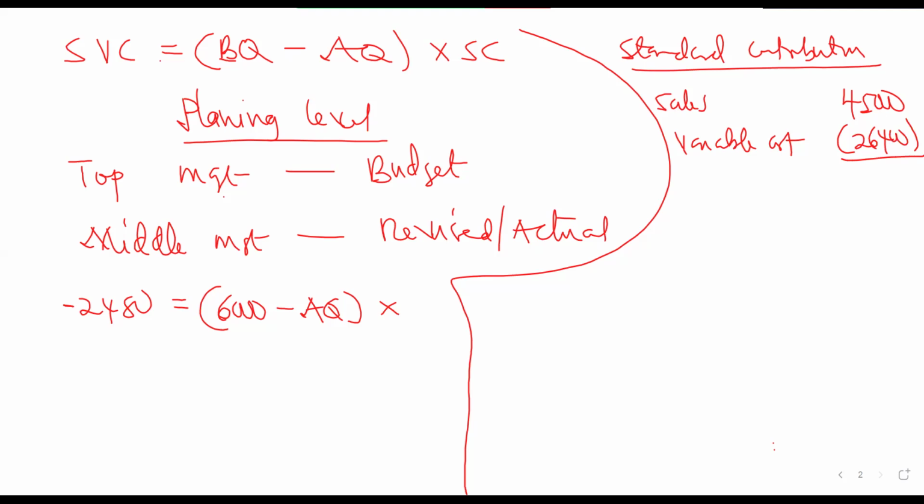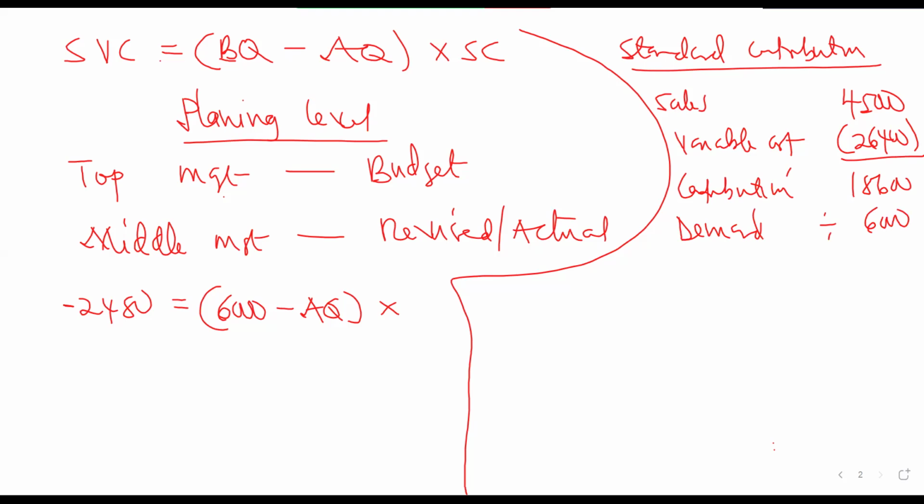What will be our contribution? 18,600. The 18,600 is what we call the budget. Whenever you are working at the total level, it is always the budget. But if you break it down per unit, that is what we call the standard. So you now look at your demand, which is the units you are selling, that gives us 6,000. So you divide by 6,000. The 18,600 is the budgeted contribution.